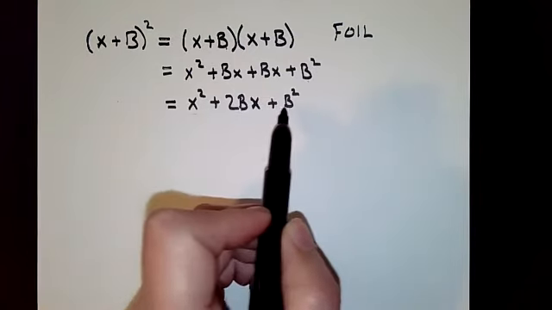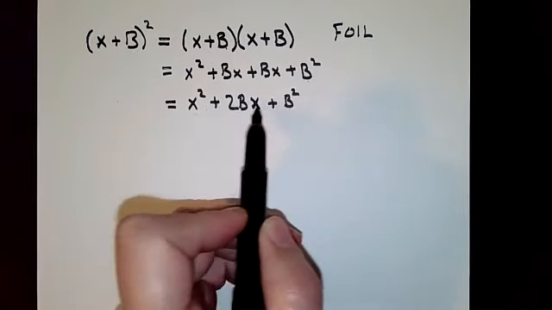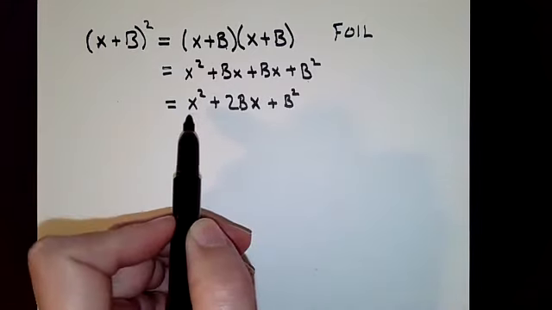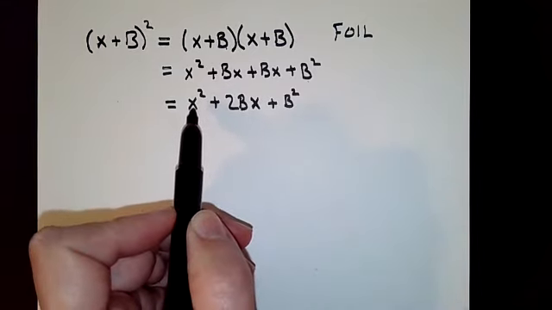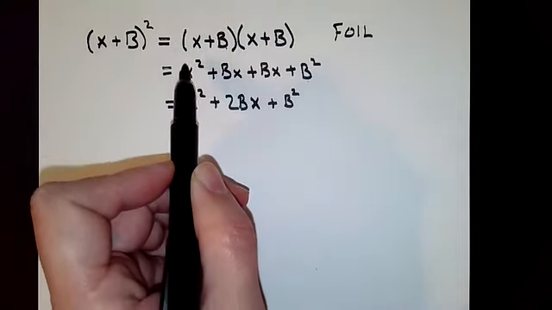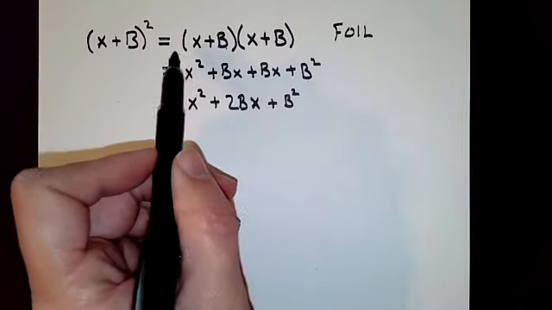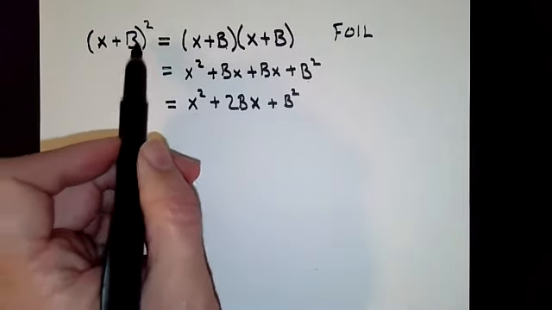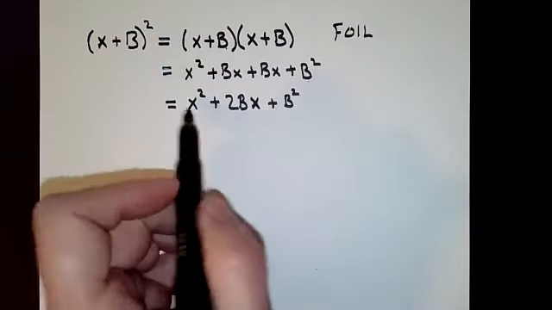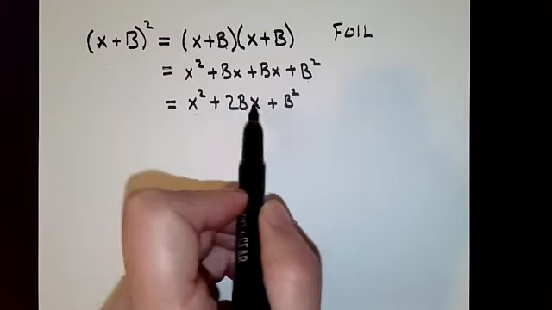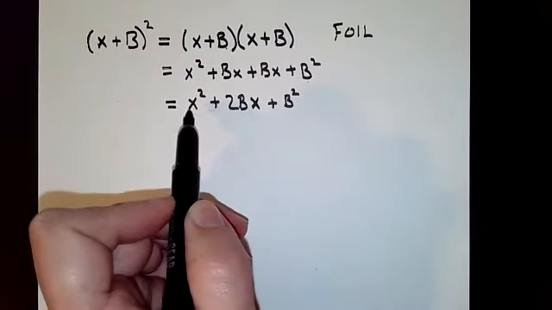So this is the pattern we're going to use, because if we can get this pattern right here, it will automatically, without any effort on our part, factor into x plus b times x plus b, and that is just x plus b quantity squared, the perfect square. So we're going to be using this pattern down here.